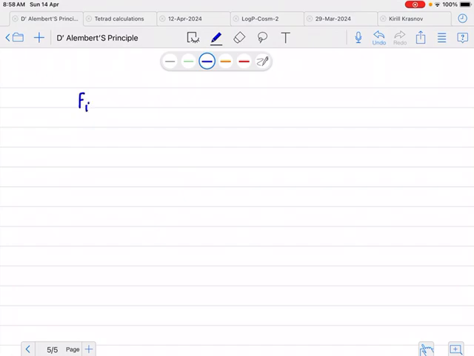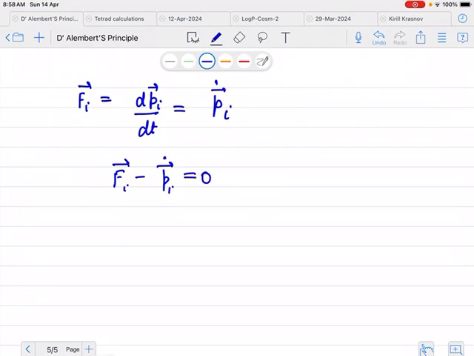So see, force is related to the rate of change of linear momentum. Sometimes it is written as P dot. Okay, so this equation can be written as Fi minus Pi dot is equal to 0, which states that the particles in the system will be in equilibrium under a force equal to the actual force plus a reverse effective force, means this is the actual force and this is a reverse effective force.